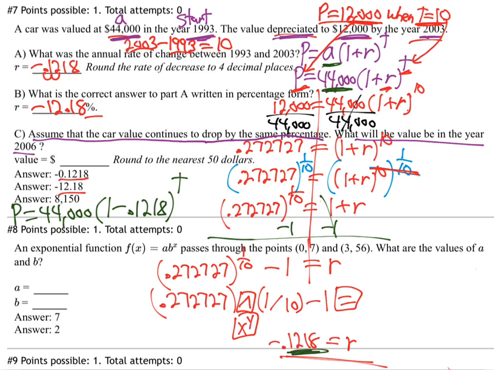Because the r came out to be negative 0.1218. You're supposed to go plus r. Plus a negative is the same thing. So that's P equals 44,000. 1 plus negative 0.1218 is 0.8782 to the t.